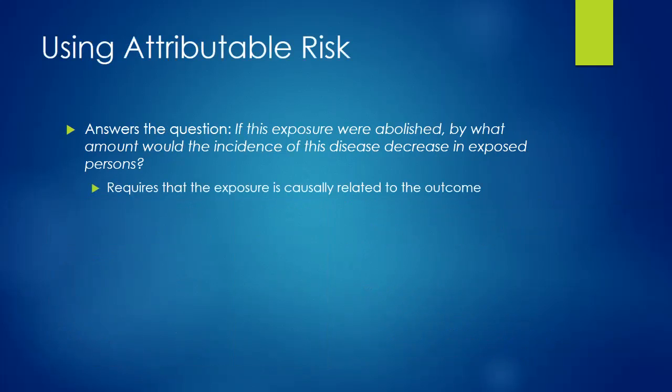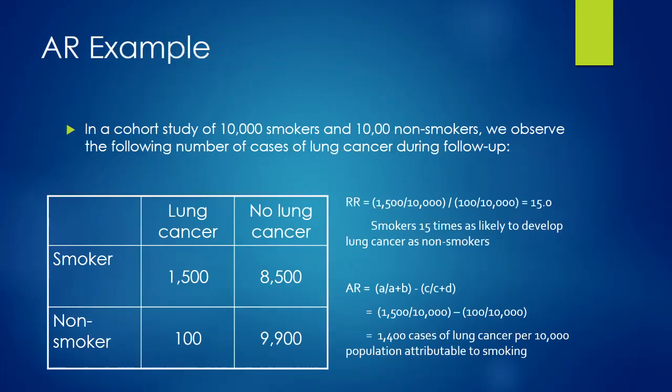Attributable risk can be really useful in population health and healthcare settings because it answers the question: if we eliminated this exposure, by how much could we reduce the incidence of disease among exposed people? So this 1,400 cases of lung cancer is preventable among smokers.